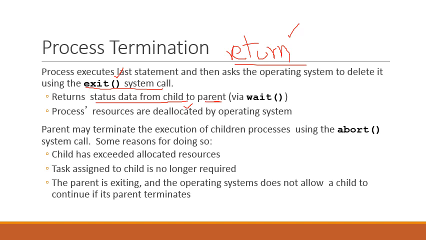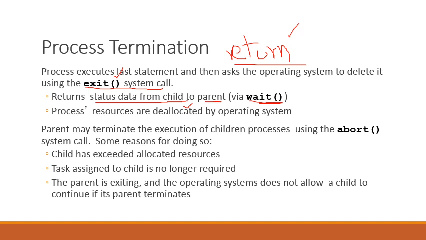This status data is sent by the child process to the parent process. As we have discussed earlier, the parent process is executing the wait system call, waiting for the completion of the child process.